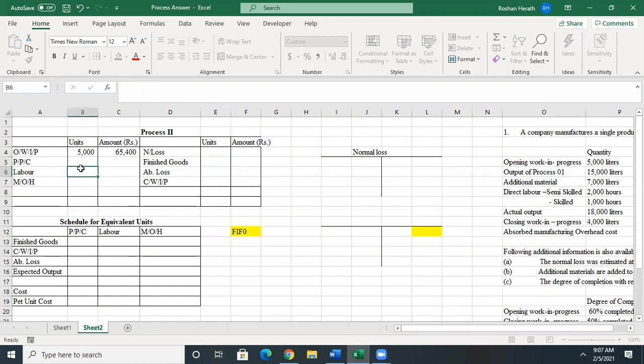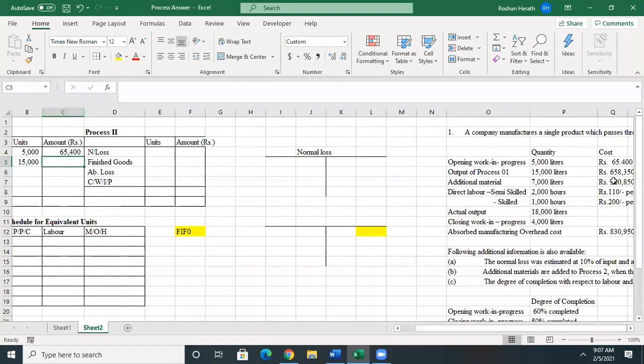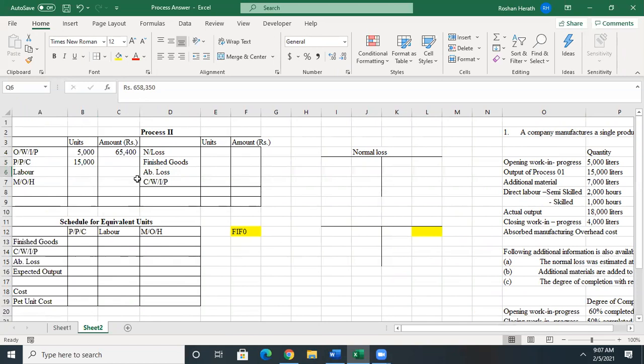Sorry. So that's going to be the previous process cost, 15,000 liters. And how much is that? 658,350.